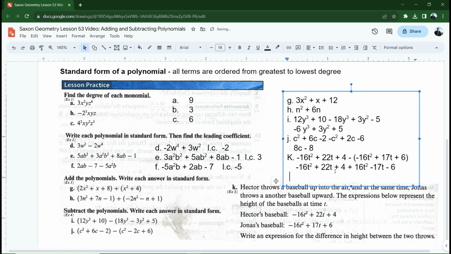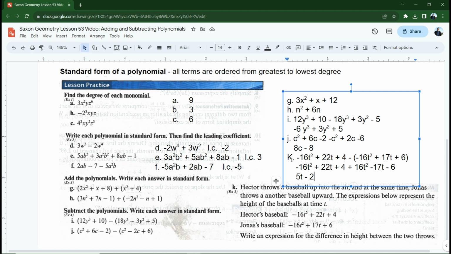And now I just have to do the addition. Well, negative 16t squared plus 16t squared is going to cancel. They perfectly cancel each other out. 22t minus 17t is 5t, and plus 4 minus 6 is minus 2. My answer when I subtract these polynomials is 5t minus 2.